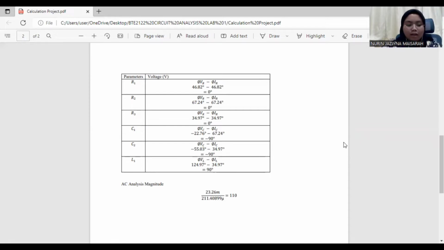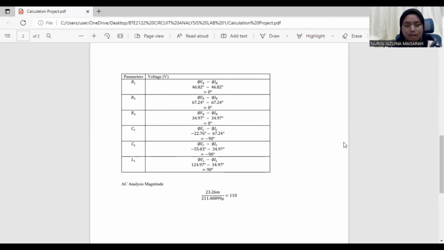While doing the simulation, the important thing that we need to take care of is that in this project we are using the single frequency AC analysis to see the current and voltage values. To get the precise value in the simulation, we have to change the AC analysis magnitude of the power source.